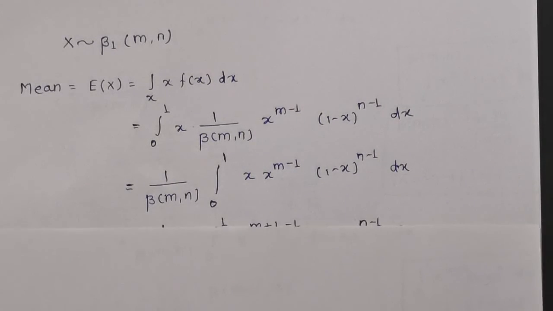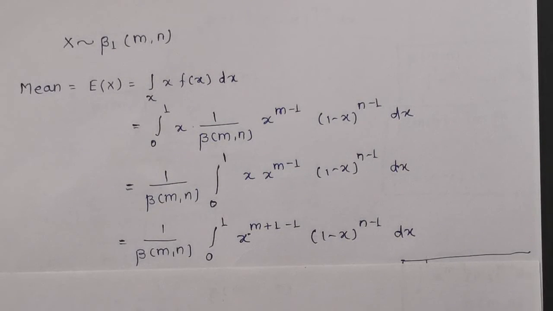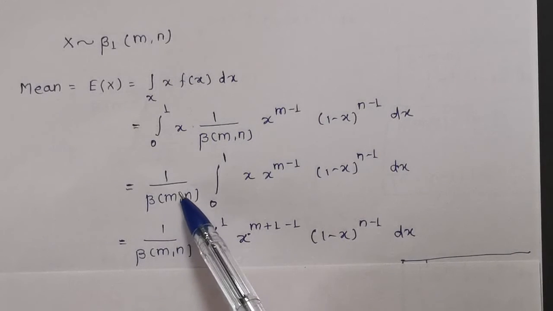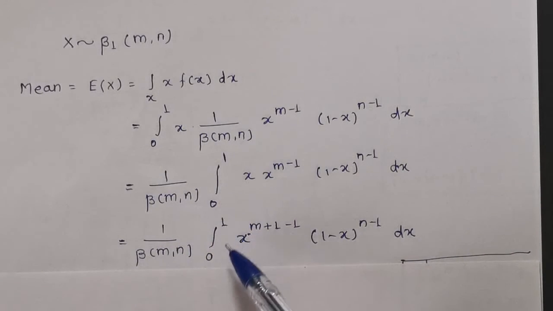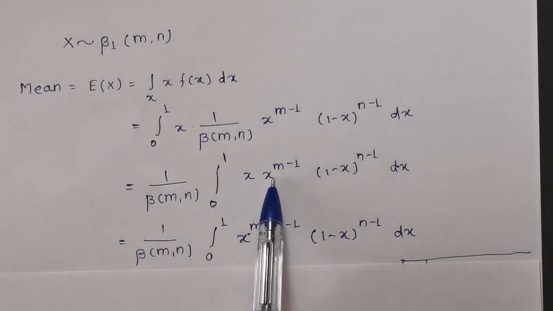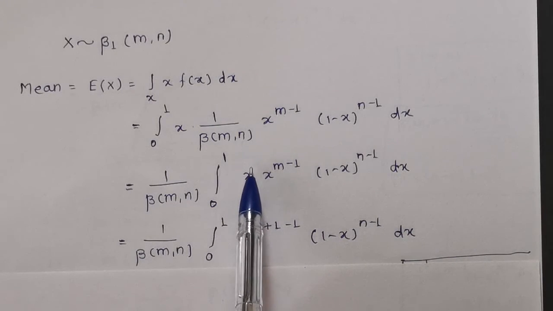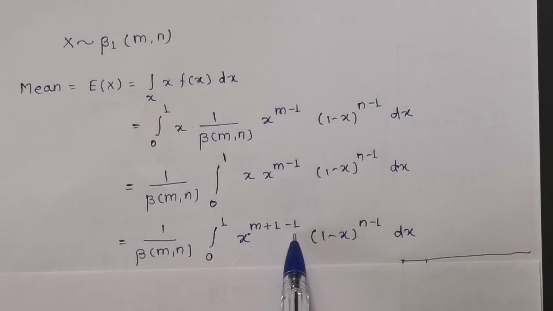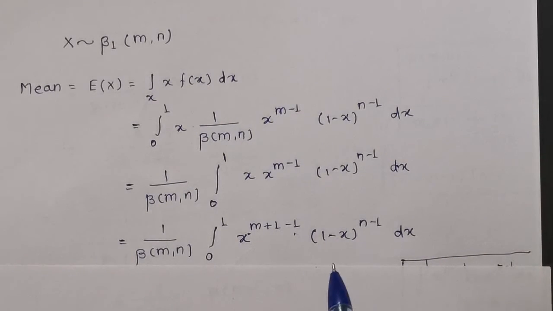Further, 1 upon beta(m,n) is as it is, integration over 0 to 1, here x raised to m minus 1 plus this 1. So this is x raised to m plus 1 minus 1, (1 minus x) raised to n minus 1 dx.